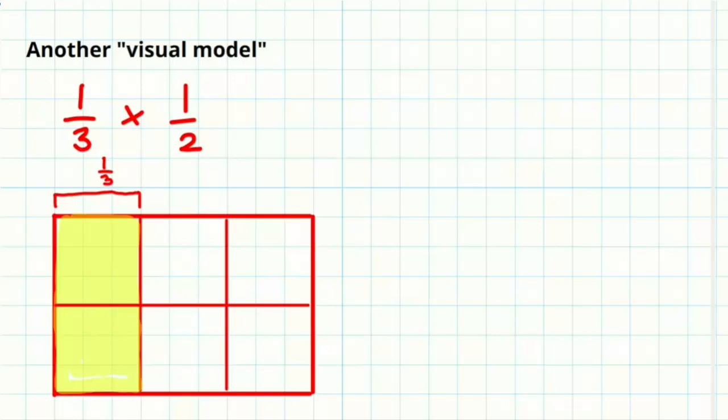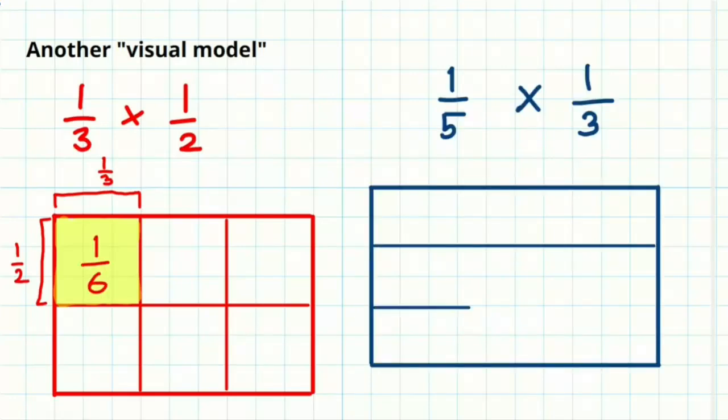So we have 3 columns, 2 rows. And then when we take the half, we're just going to take one of the halves. And you can see there that overall we've got 6 equal parts, and only one of them is included in our answer. So the answer is 1/6.